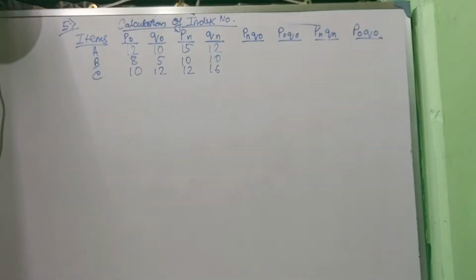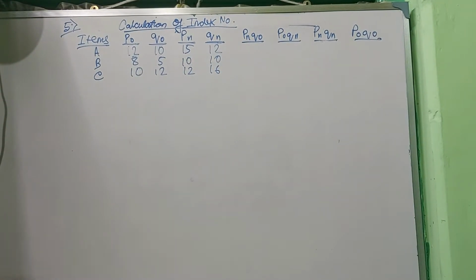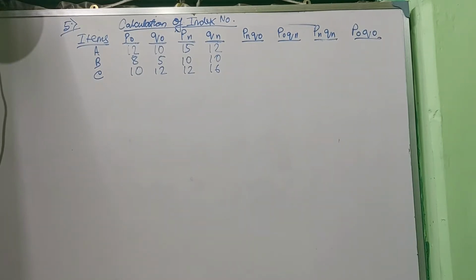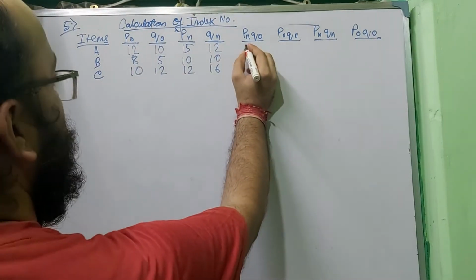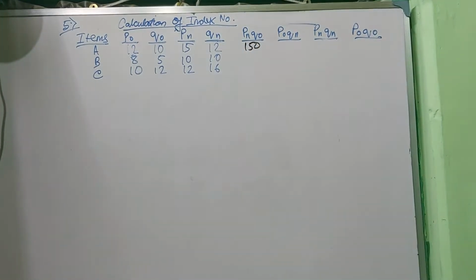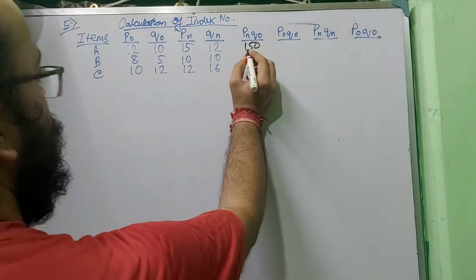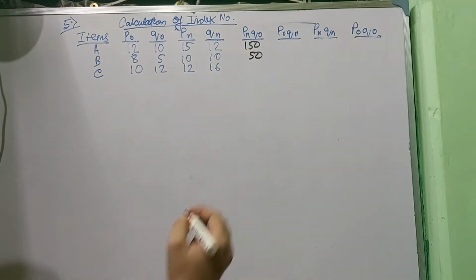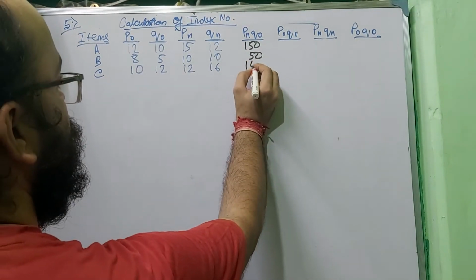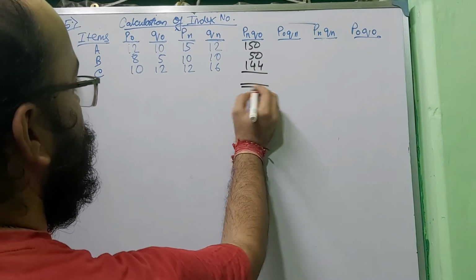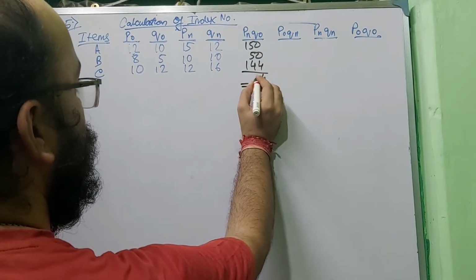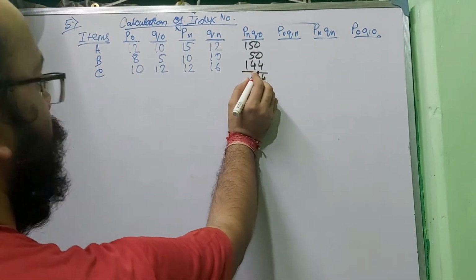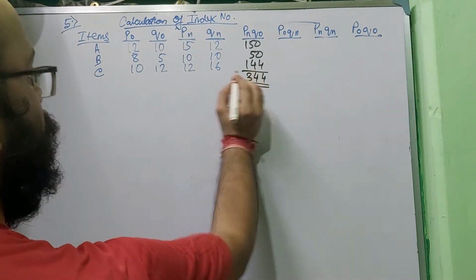So, Pn Q0: 10 into 15 means 150. Okay. 5 into 10 means 50. 12 into 12 means 144. If you add this up, 344.